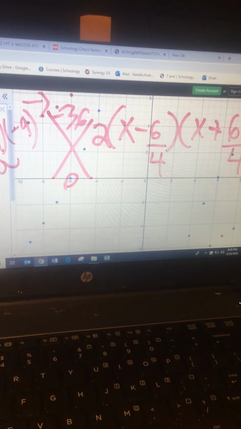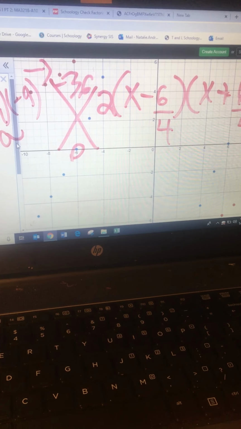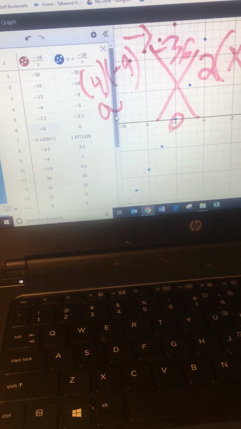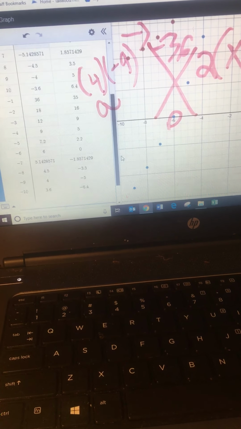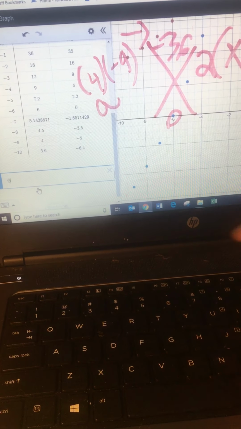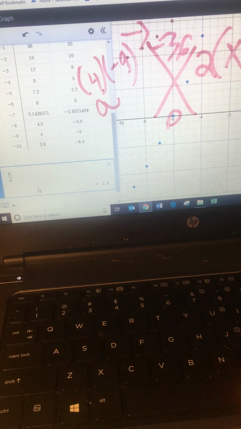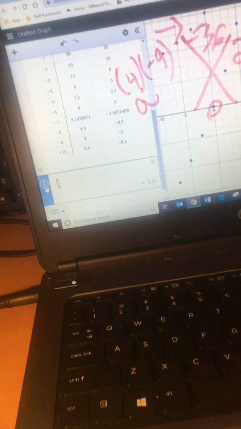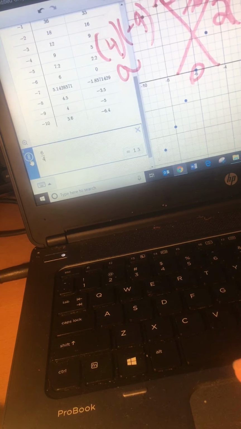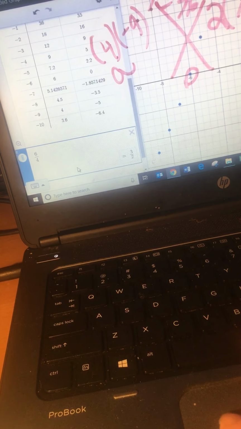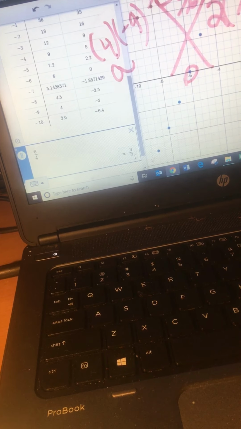So don't forget, like I said, if you haven't done it previously, go to the bottom. And put 6 divided by 4, and then hit this round button. And you're going to get 3 over 2. See that? Right there.